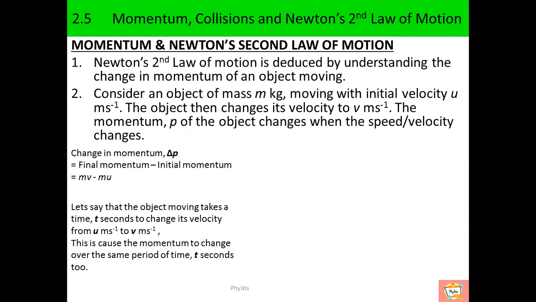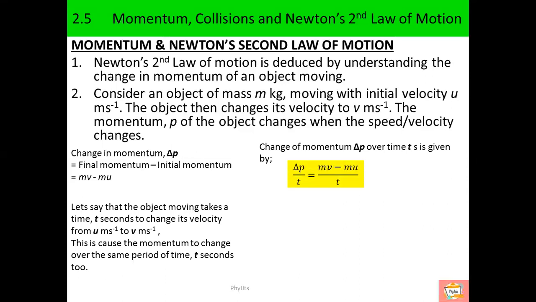So when this happens, you can create a formula where the change in momentum occurs for 2 seconds, or the change in momentum occurs for 0.1 second. It depends. If you take a longer time, you won't experience such a big force.